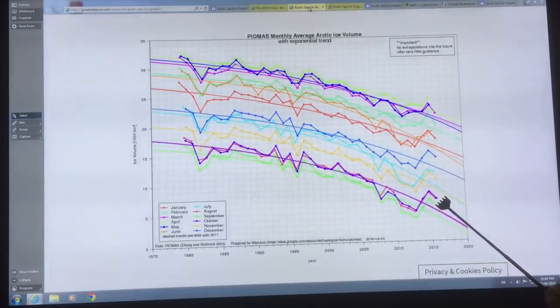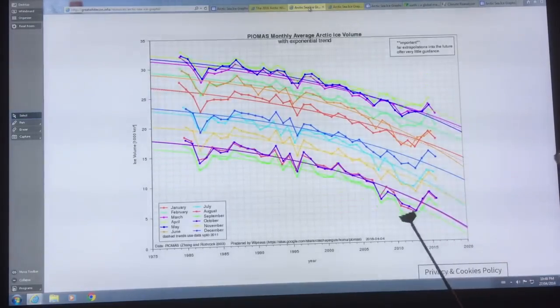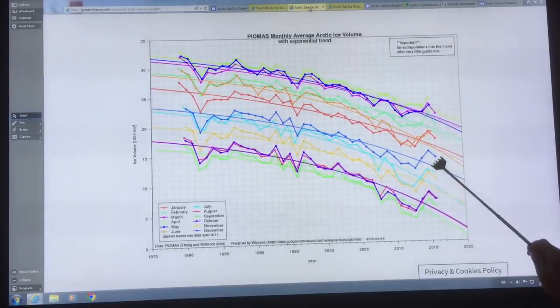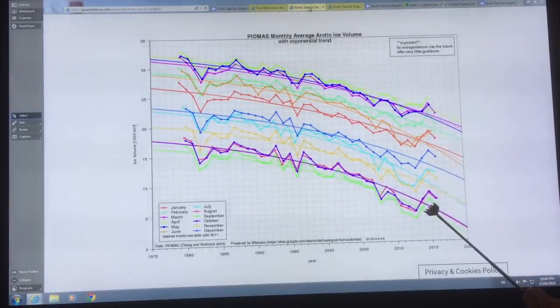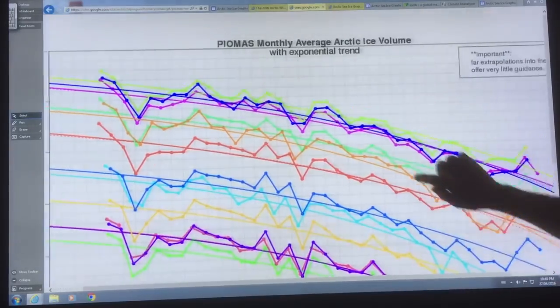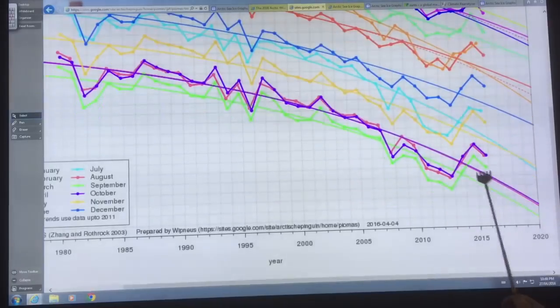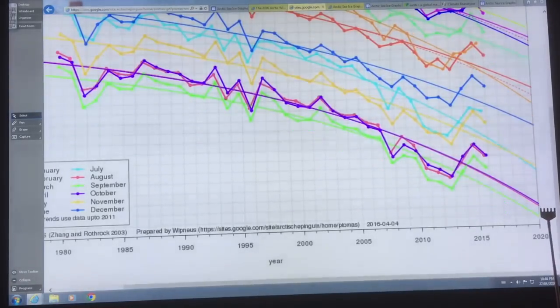And then bracketing it would be August, which is the pinkish curve, and October, which is the purple curve, and so on for each of the different months. So what this seems to indicate is when this curve reaches essentially 0 in September, then the other curves follow down pretty quickly.